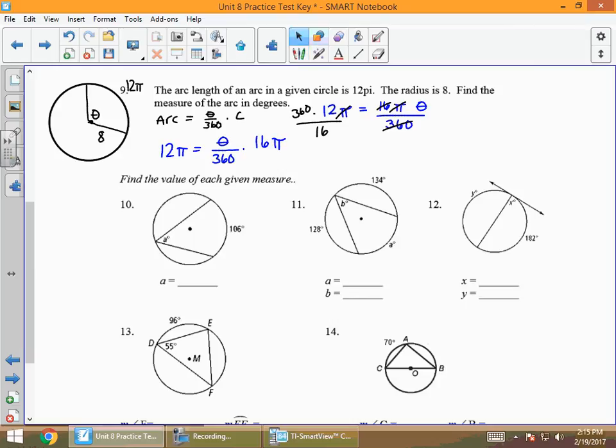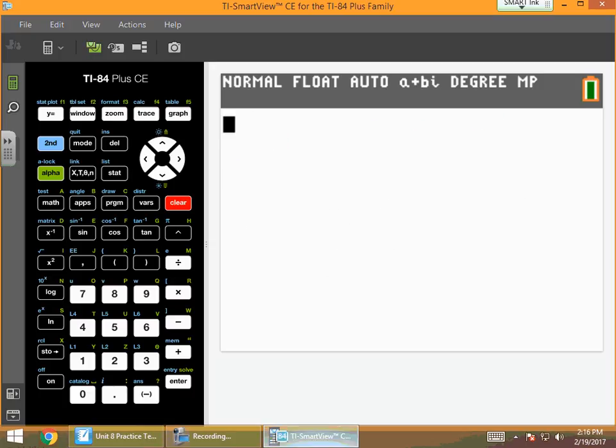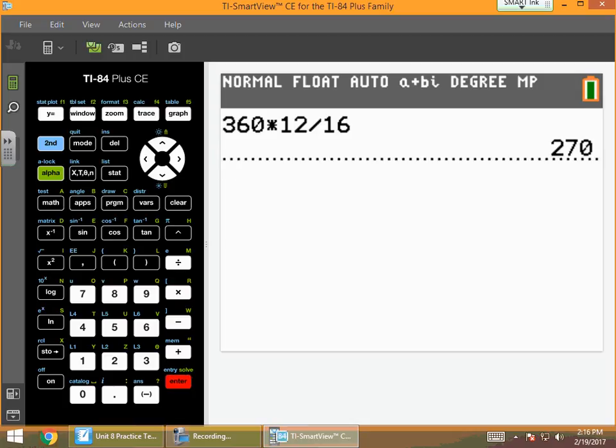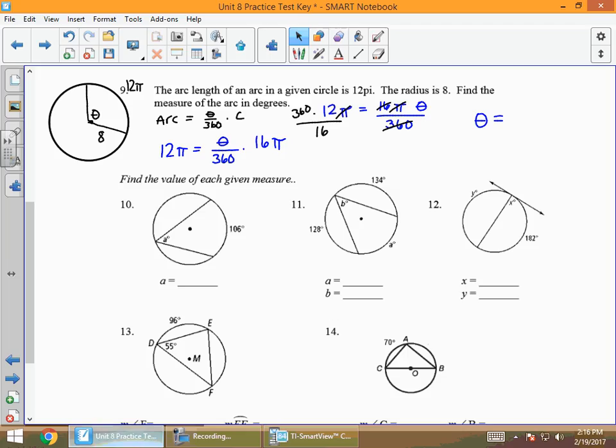So to find theta, I have to do 360 times 12 divided by 16. And it's 270. So theta has to be 270 degrees. So if theta is 270, then the arc is also 270 because we set theta to be a central angle.